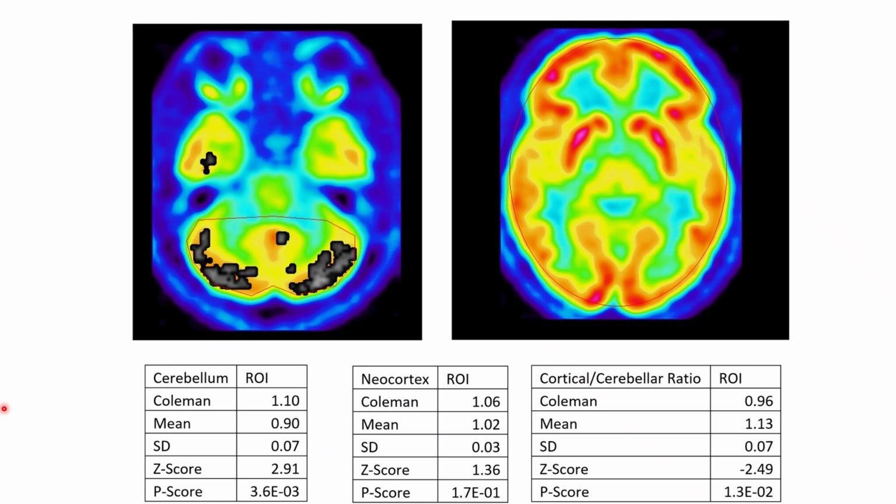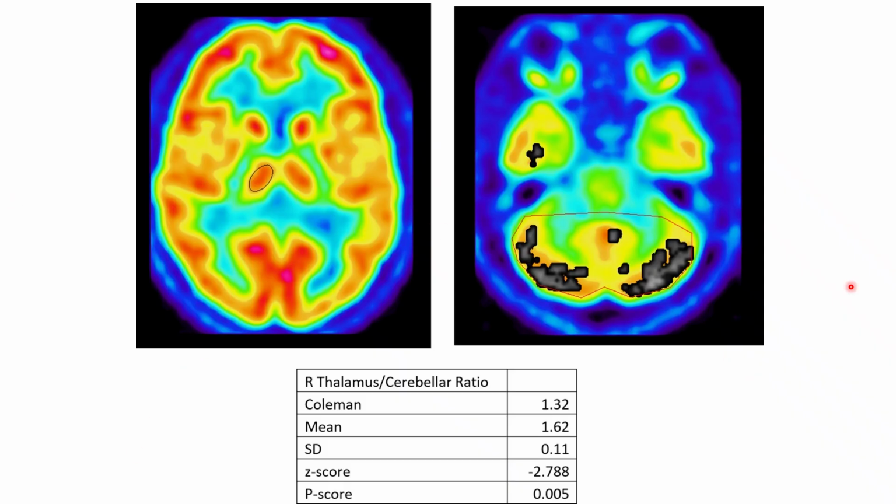But when looking at the ratio, there's also a significant decreased ratio in the thalamus compared to his age. And so they were looking at all of that, and you can see the standard deviations and things like that that they were looking at for each area.